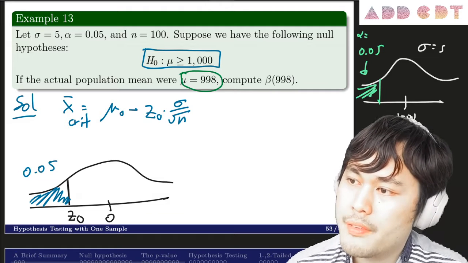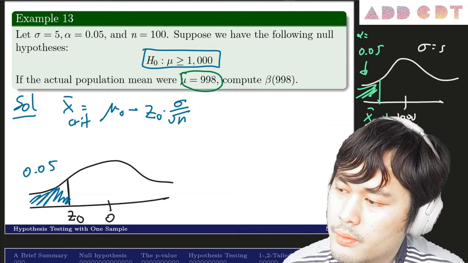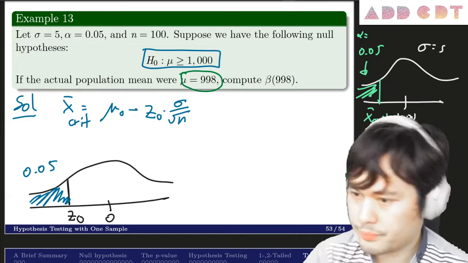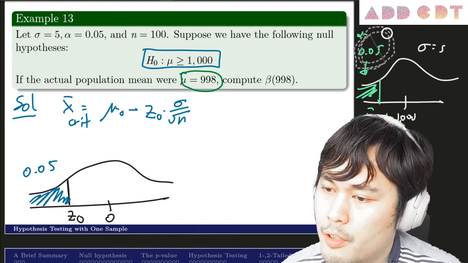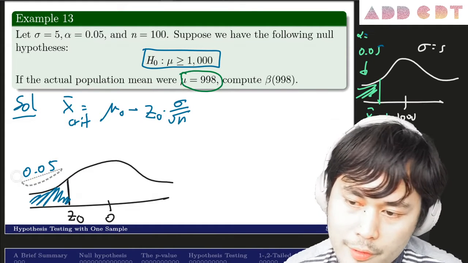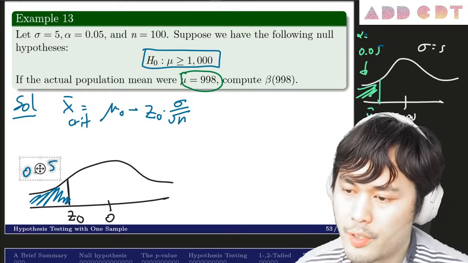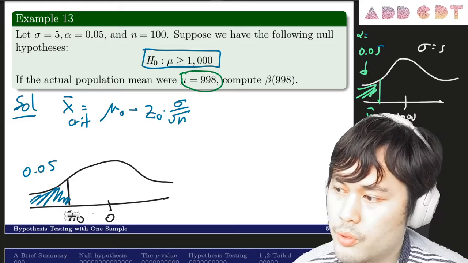So that z0 corresponds to this x critical. We make this area 0.05, and then use this formula to change from z0 to x critical.